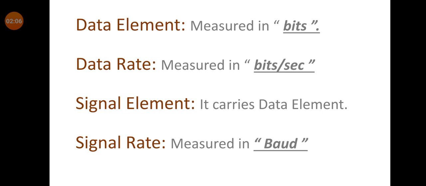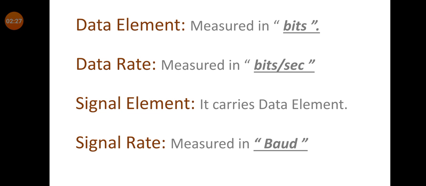The next one is signal element. In digital data communication, a signal element is the shortest unit of a digital signal. A digital signal carries the data element.